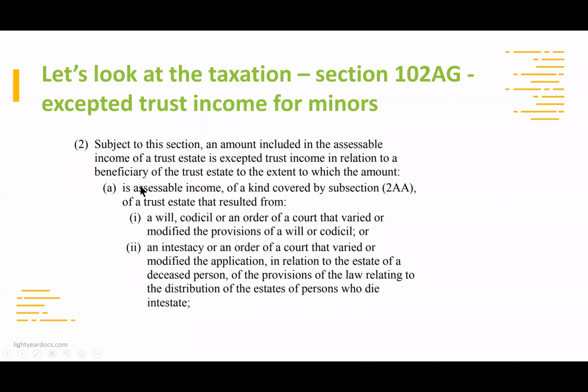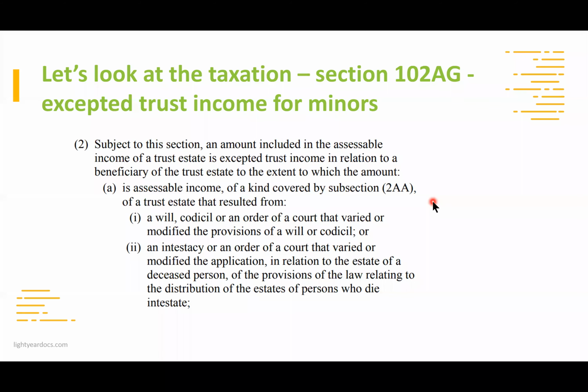But essentially, as you can see, this is a trust. Let me just get my little annotator here, because I like pretty little annotators. You can see here that it's a trust estate. There's assessable income going to a beneficiary, and it flows from a will, but it's subject to 2AA.